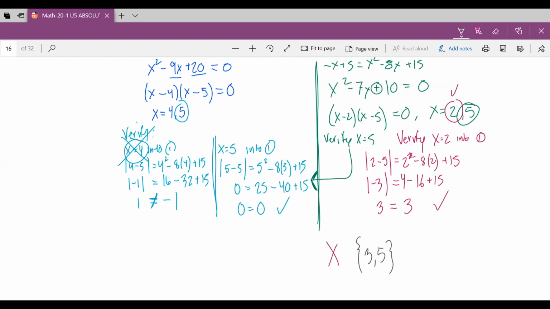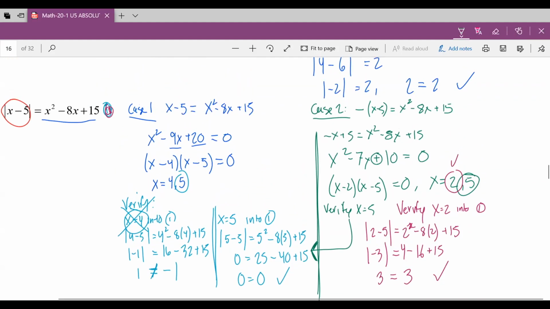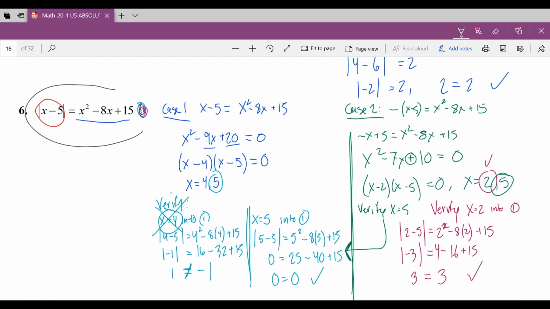And 5 happens to be the solution to both quadratics. So we are good. We are golden. It'd be kind of cool to try to figure out what this looks like. So I invite you to go back to this original here and try to figure out what it looks like.